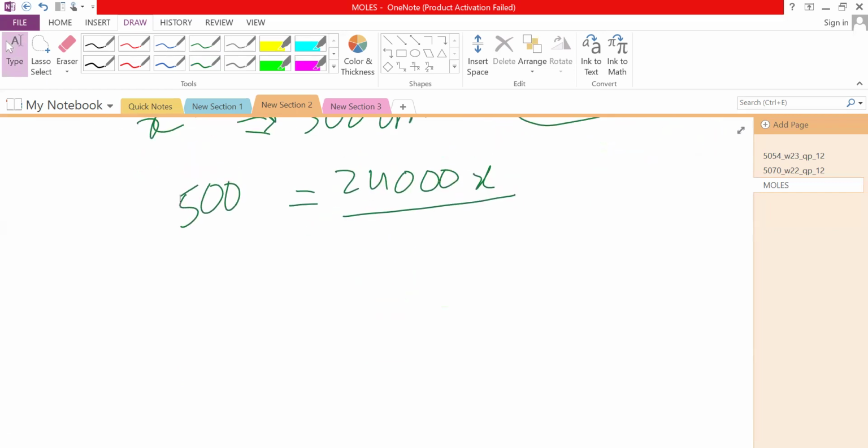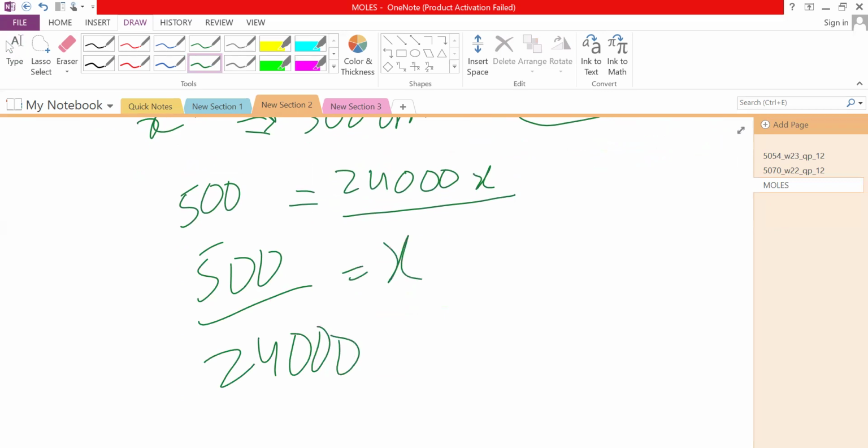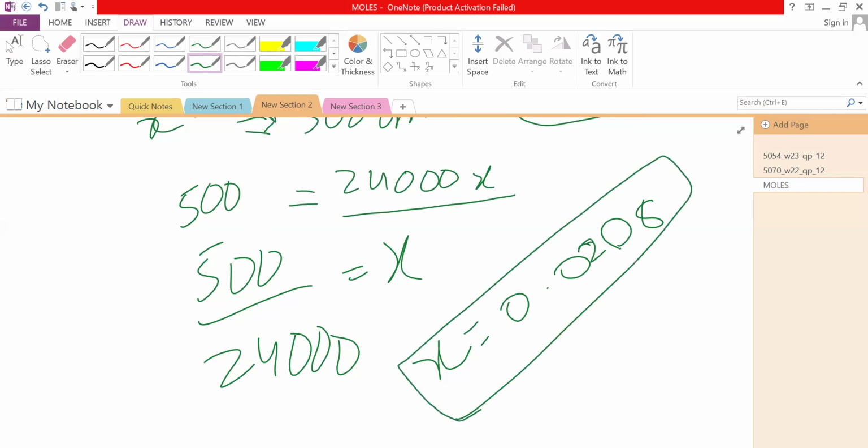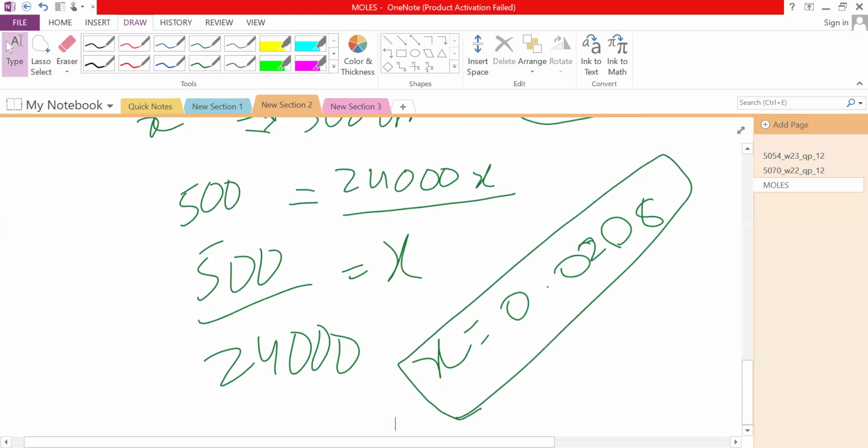Now this 24,000 will shift to the other side, and 500 is divided by 24,000, and this is x. Let me calculate it. 500 divided by 24,000, and the answer for x is 0.0208. This is the number of moles present in 500 cm cube of oxygen at RTP.